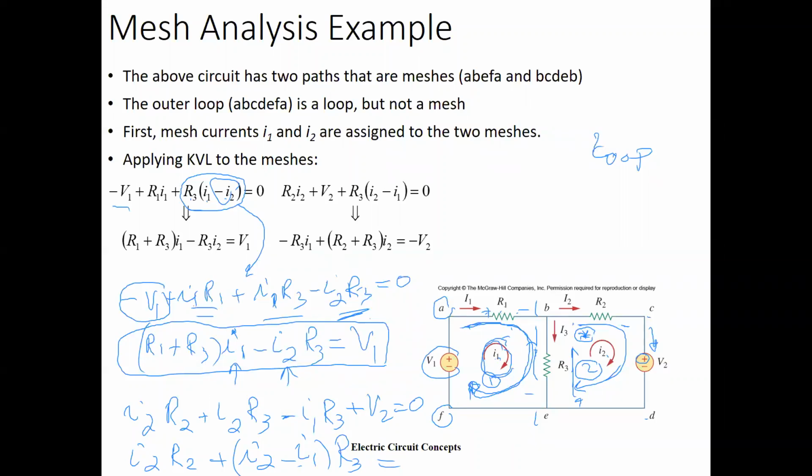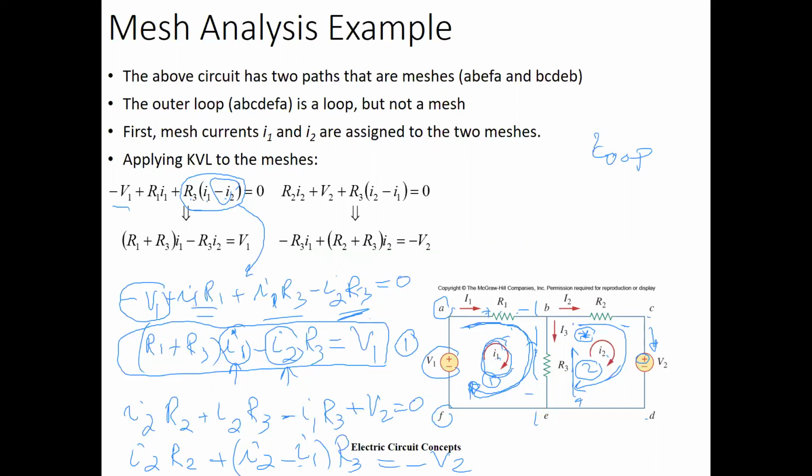And then we have minus V2, because when I move V2 to the right hand side, it will become a plus. Now again, I need to rearrange this equation to have the same order as the first equation. So I have to have I1 first, then I2 second.